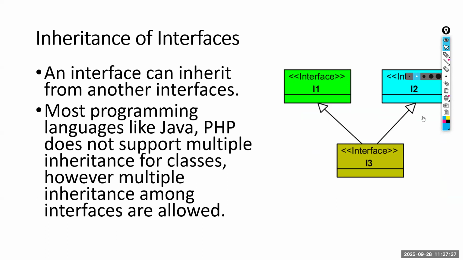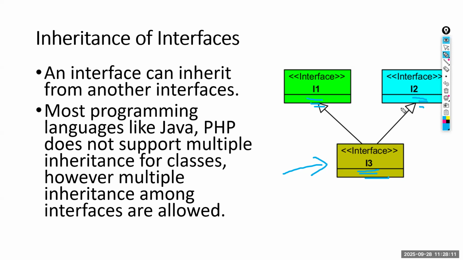So an interface can use inheritance. One interface can inherit from one or more other interfaces. That means if a particular class implements the I3 interface, it must implement all the behaviors of I3, all the behaviors of I1, and all the behaviors of I2. And remember, when it comes to interfaces, multiple inheritance is supported.